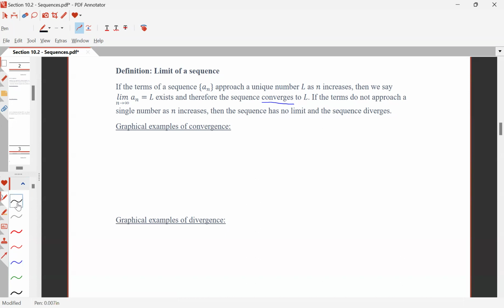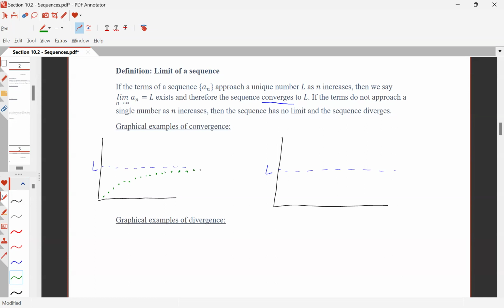So graphically speaking, when we're talking about convergence and divergence, we are talking about the sequence approaching some number L. And some ways convergence works could look just like a function, except with only whole number inputs, where the values get closer and closer to that limit and never pass the limit.